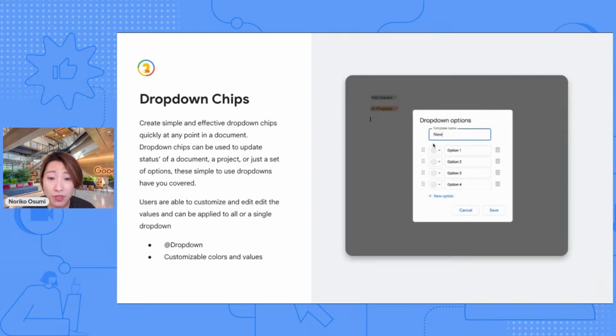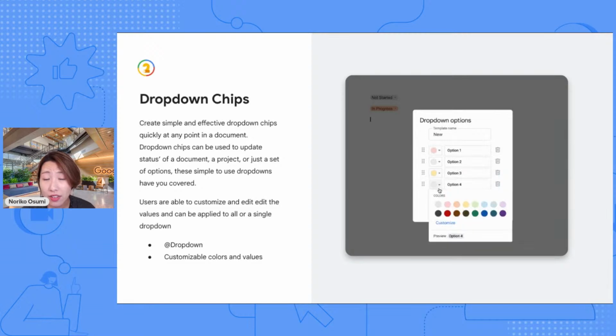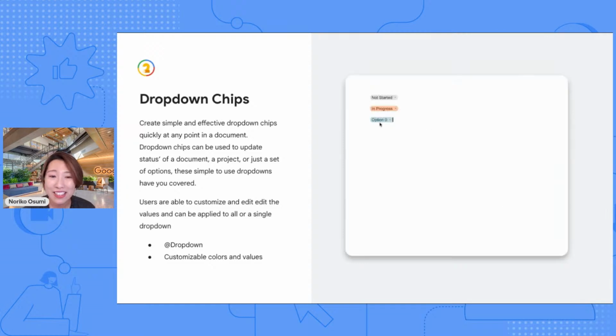But the dropdown chip is something that I don't think people realize how often it can be used until you start using it. So definitely in your next document, give it a try. Maybe just something like the status of a document is a very basic one that a lot of users use today.